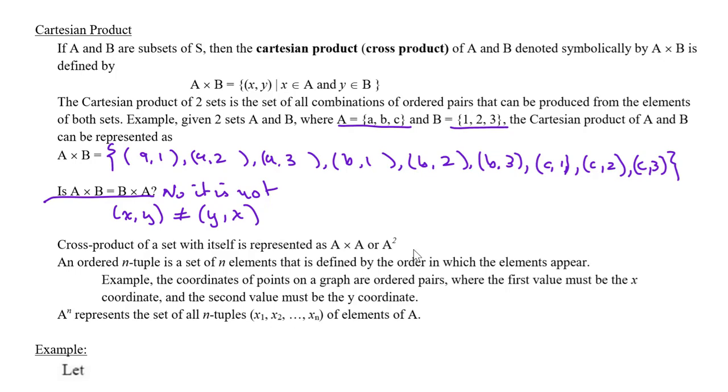And if you have 3 dimensions, then you're going to have 3 elements within each point, which will be x, y, and z. So if you have n dimensions, then A to the power of n represents the set of all n-tuples (x1 to xn) of elements of A.